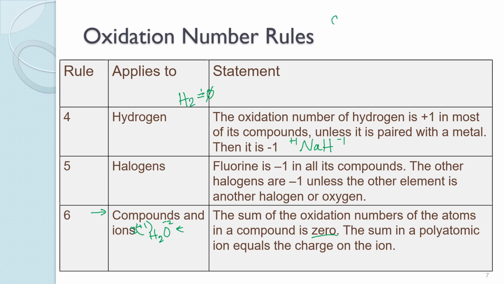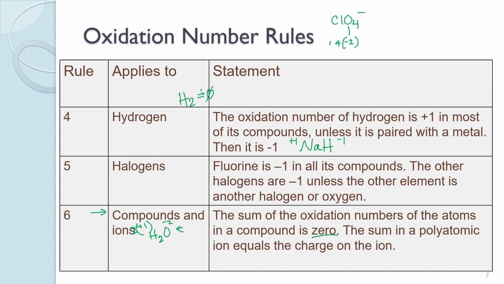Let's do ClO4 negative. So that is a polyatomic ion. So if we look at our rules, like I said, most all the time you can assume, unless I tell you otherwise, that oxygen's a -2. And there's 4 of them. So overall, the charge due to the oxygen is -8.